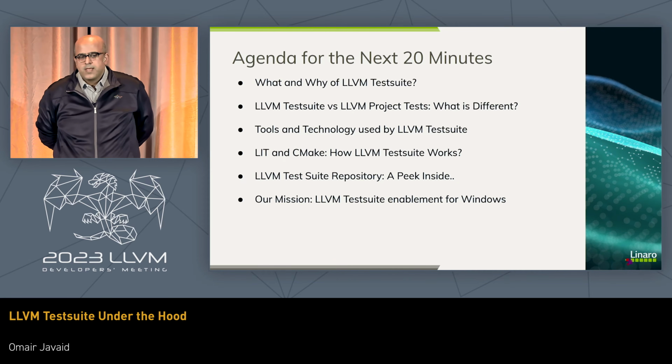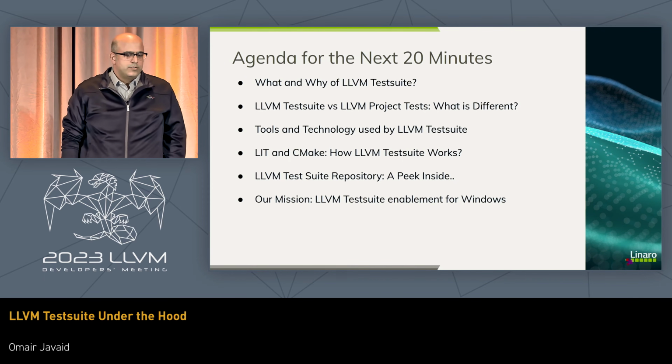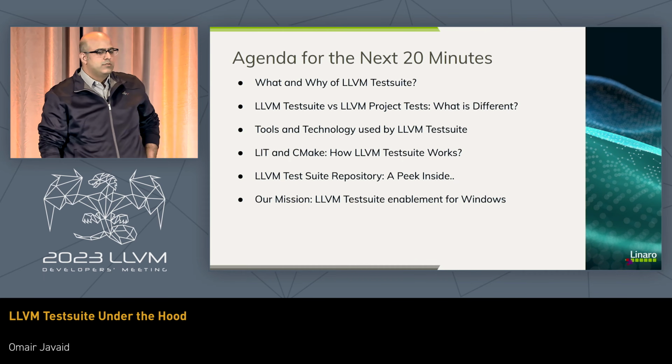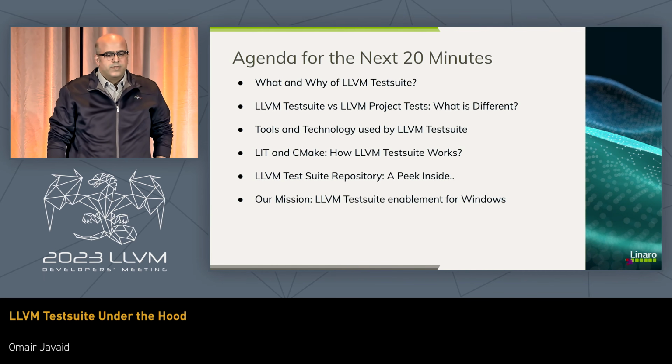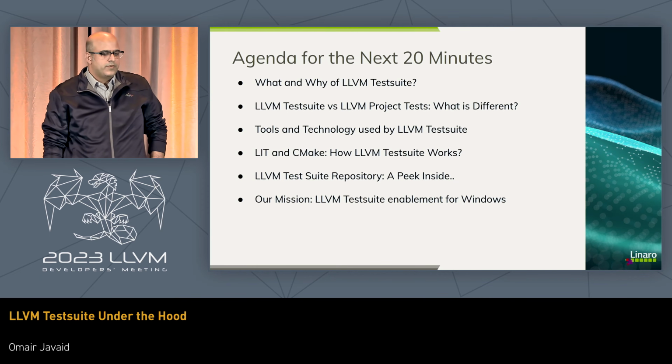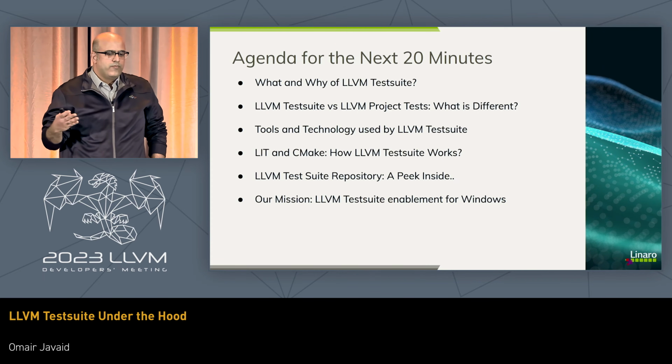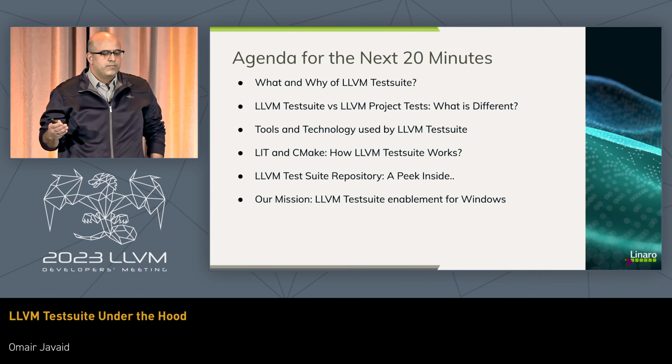So let's talk a bit about the agenda for the next 20 minutes. I'm going to start with a bit of intro of LLVM Test Suite, what it is, and why it exists, what is different in LLVM Test Suite from the various tests that we have within the LLVM main repository.